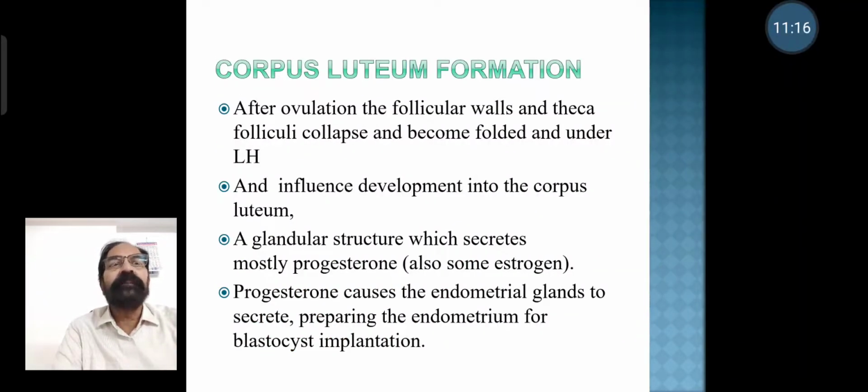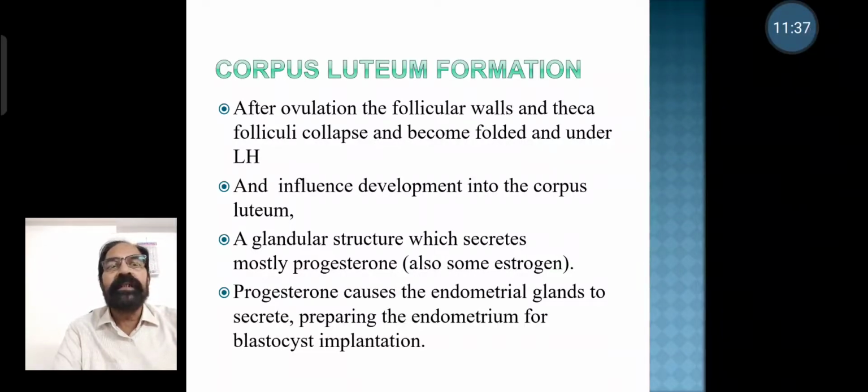Corpus luteum formation. After ovulation, the follicle cells and the theca folliculi collapse and become folded under the influence of LH, and they influence the development of corpus luteum, a glandular structure which secretes mostly progesterone, also some estrogen.